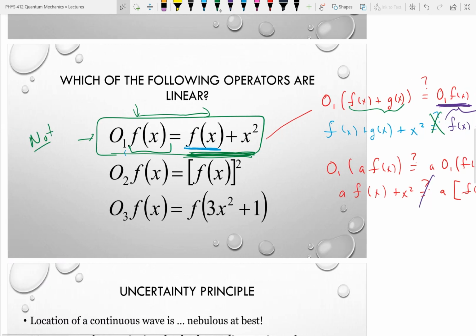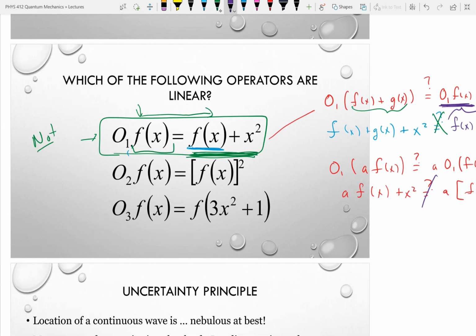So now let me just split these up. Chris, do you spell it with an I-E or a Y? Y. Okay. So Chris, you go ahead and determine if operator 2 is linear or not. And Andy, determine if operator 3 is linear or not.